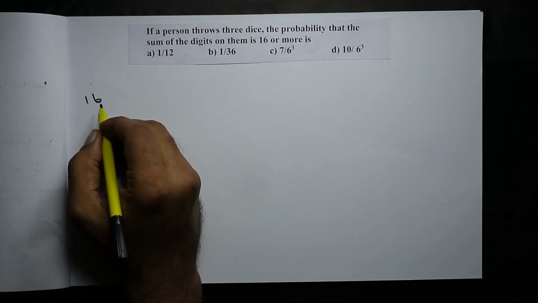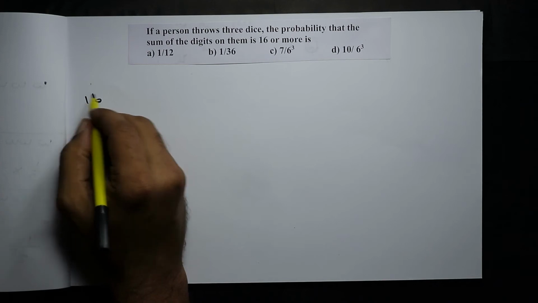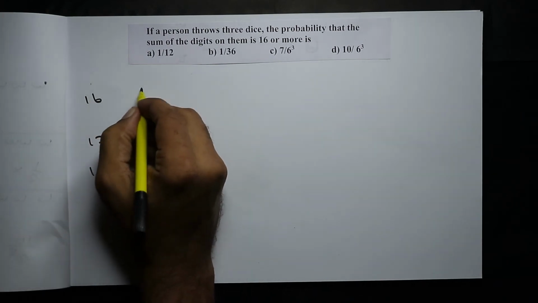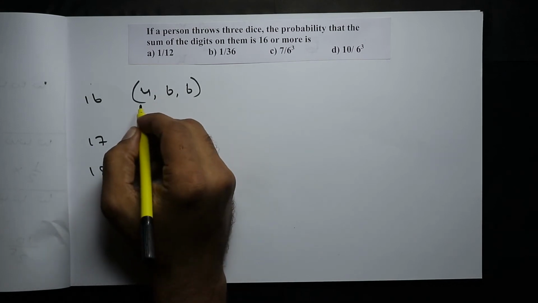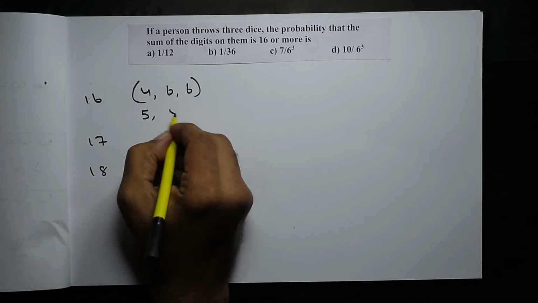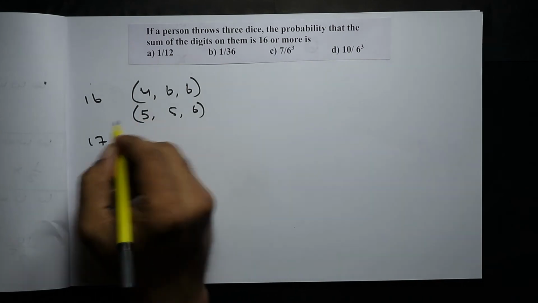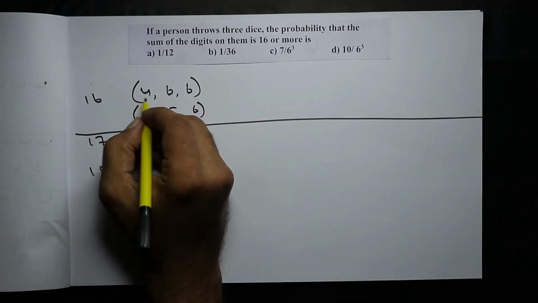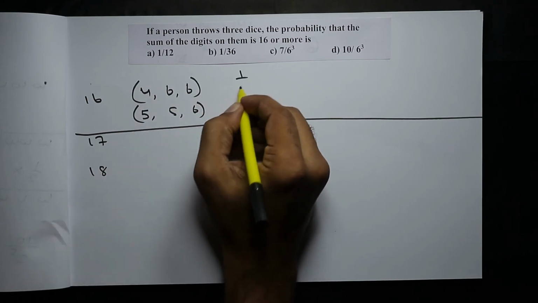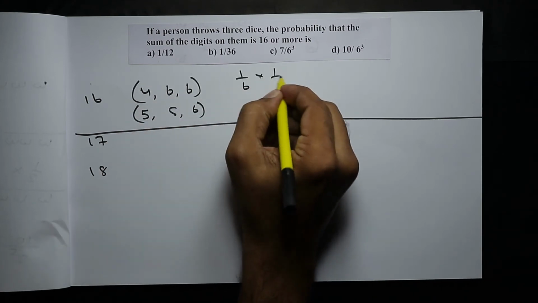Now let us look at the favorable cases where the sum is 16. One favorable case can be 4, 6 and 6. And another favorable case can be 5, 5 and 6. So let us calculate the probability of this case. First you get a 4, that is 1 by 6. Then you get a 6, that is 1 by 6.